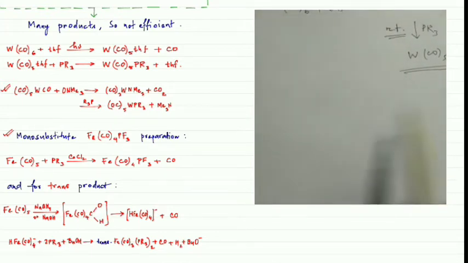In this process also they use some technique by which they can get only one product. So we can use these new types of methods by which we can synthesize specific products.